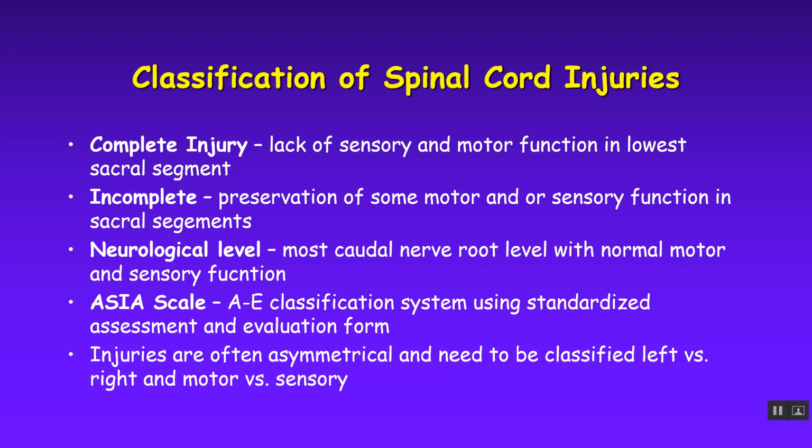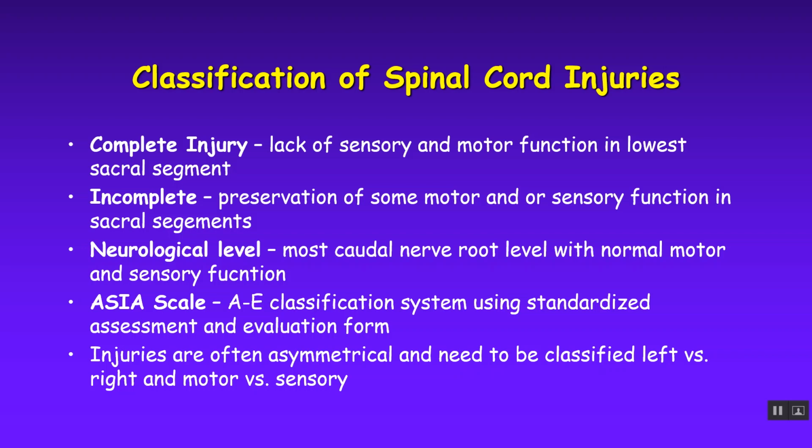That's where everything is normal from there down. But you may have an oblique injury, more C6 but extending to C7 on one side. So you can be a C6 neurologic on the left and a C7 on the right. Most of the time they don't do that, but if it's an oblique enough injury, you can be graded at a different neurologic level of injury on each side of your body. Most of the time they just make it the same from the whole body down, okay?